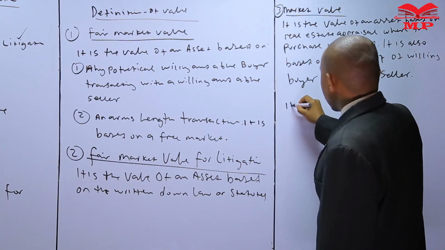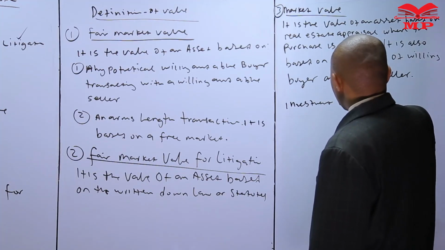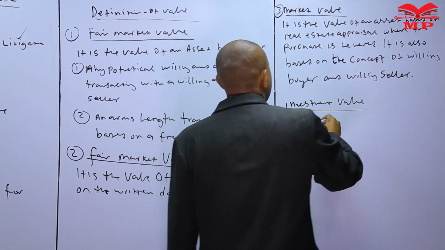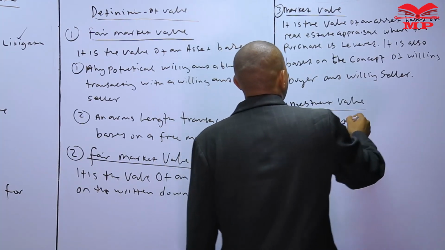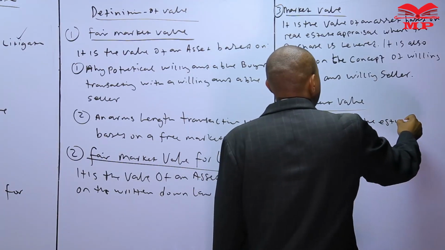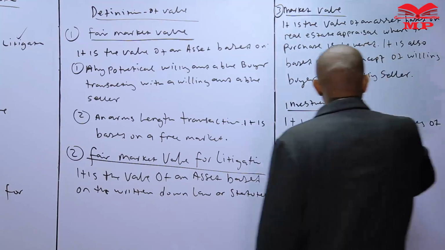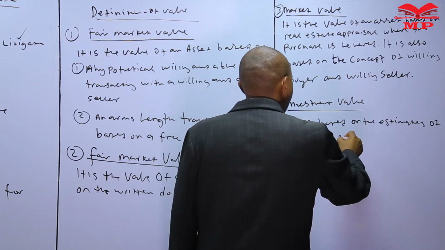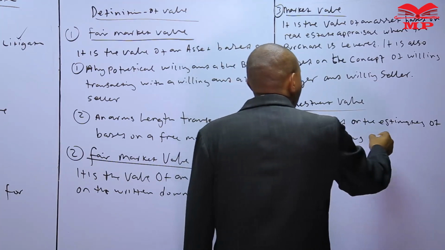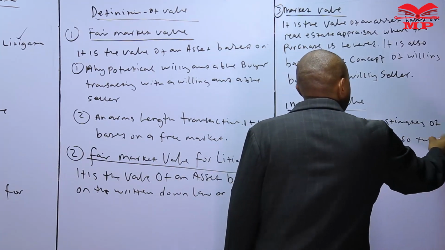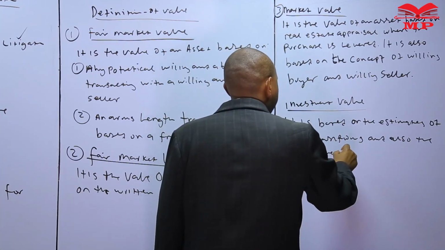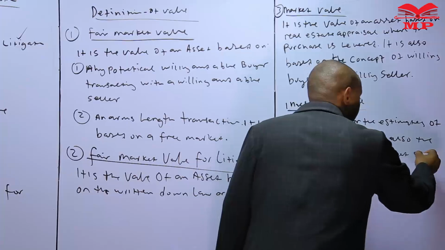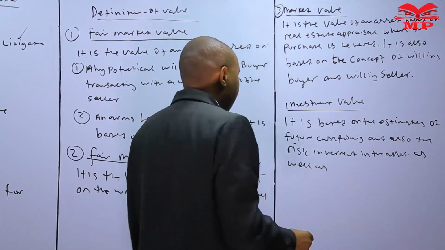Let's look at the investment value. The investment value is based on estimates of future cash flows, and also the risk inherent in the asset, as well as the synergy.